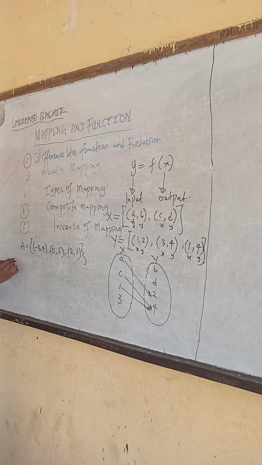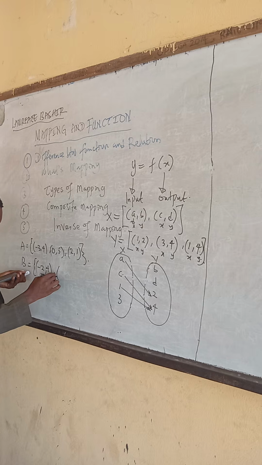And we are having another set, which is B. We are having minus 2 comma 4, minus 2 comma 4, and 1 comma 3.